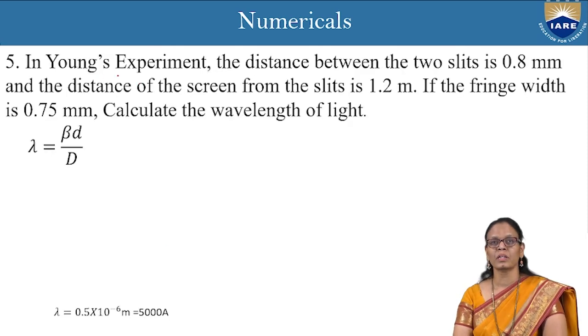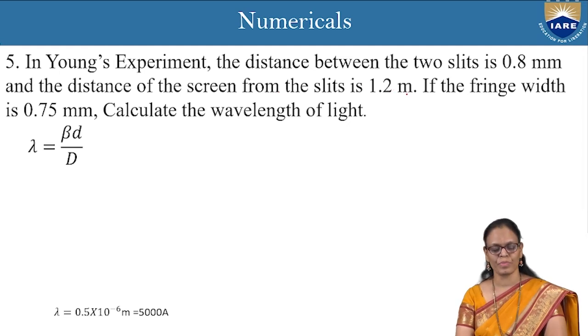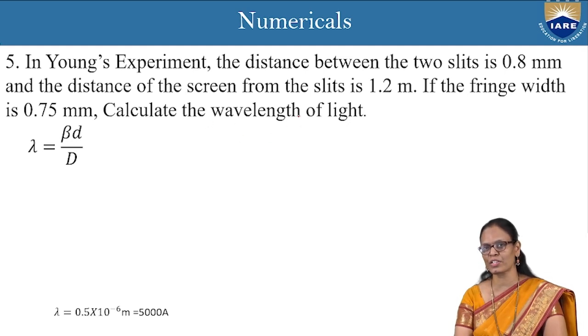Now, in Young's experiment, the distance between two slits is 0.8 mm and the distance of the screen from the slits is 1.2 m. The fringe width is 0.75 mm. Calculate the wavelength of light. So the first time we are going to calculate the wavelength. Till now we have been calculating either the fringe width or the distance between the slits.